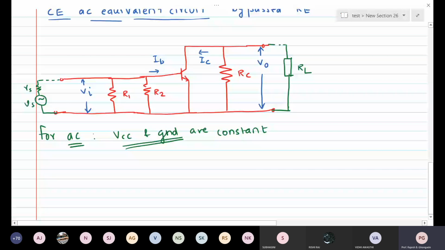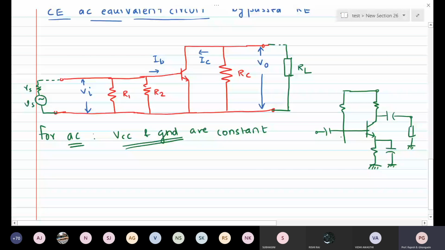So look at the input side. What we had earlier in the circuit was this. I'll redraw it. We had the bypass capacitor and then we had the load connected here like this, and then we had the biasing resistors. This was your VCC.